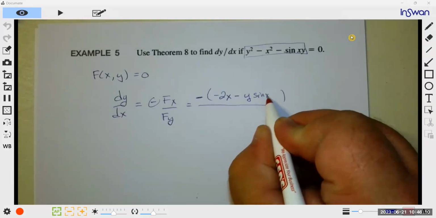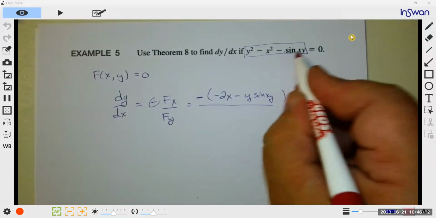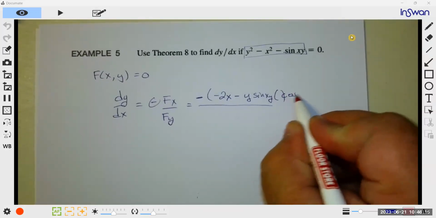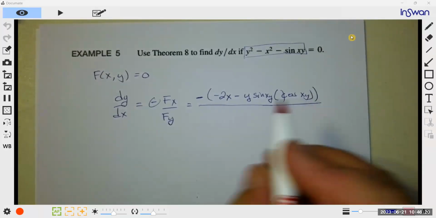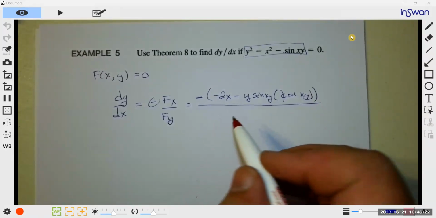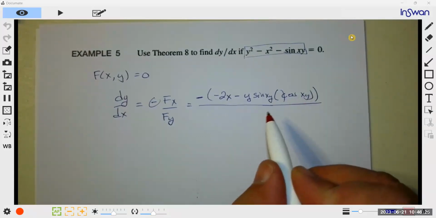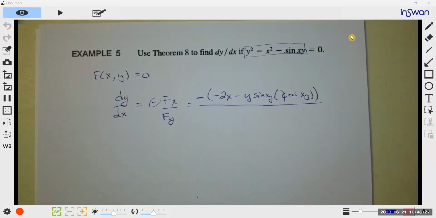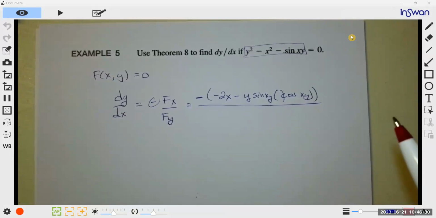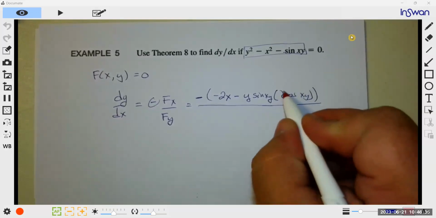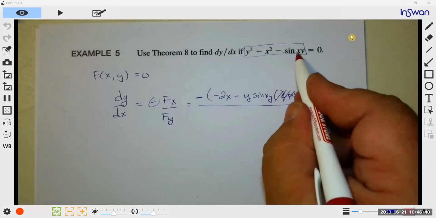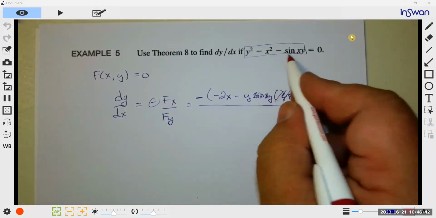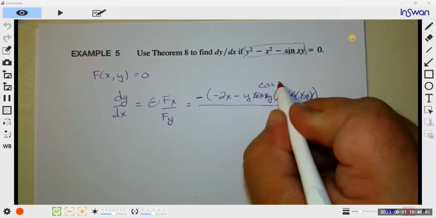Leave the function alone, times the derivative of the outside, which is cosine xy. And divide by the derivative of the inside times the derivative of the outside, which is cosine xy.